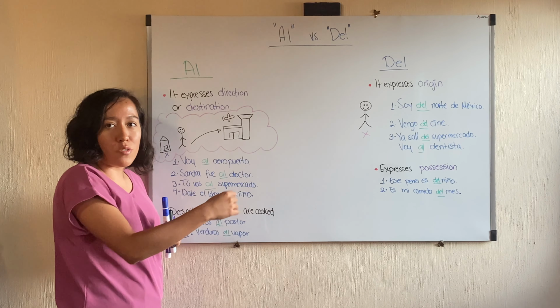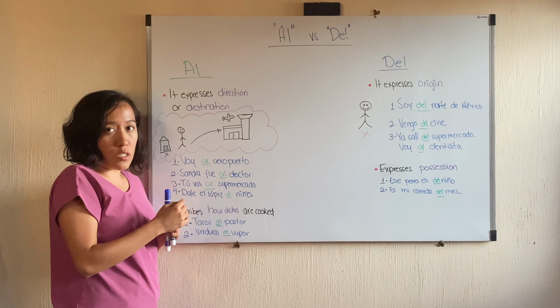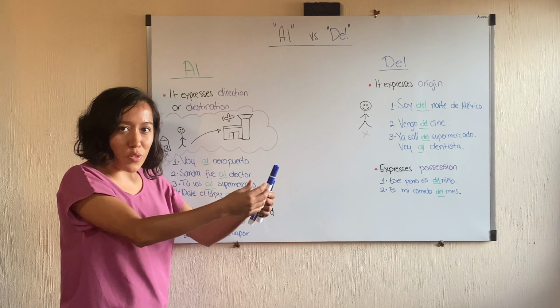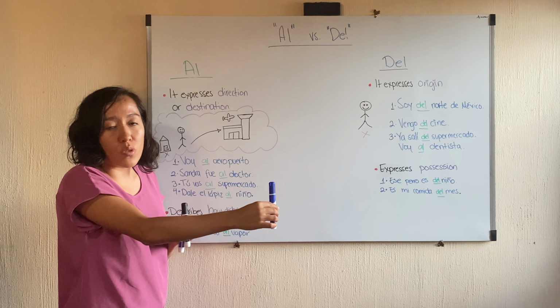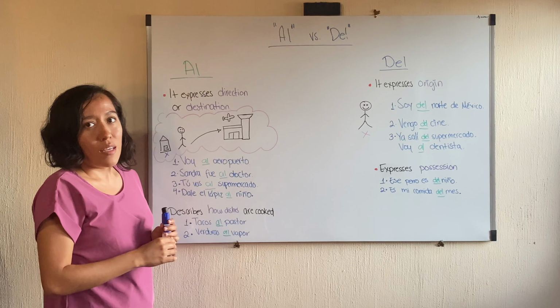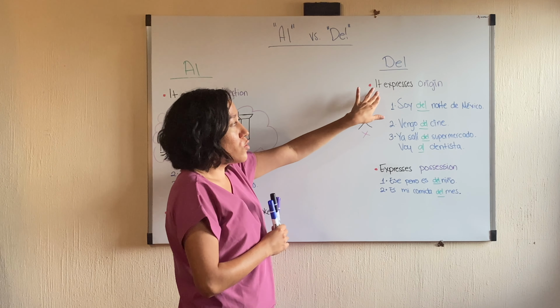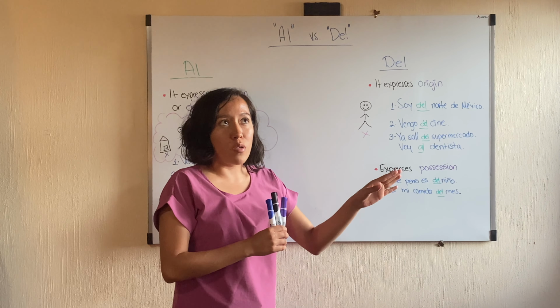Give the pencil to the kid. Okay? So keep this in mind. Destination, yes, means going from one place to another, but also moving one object to another person or to another place.